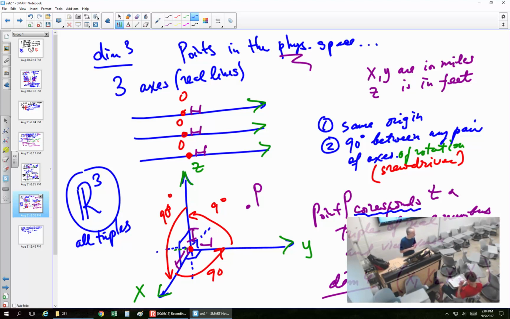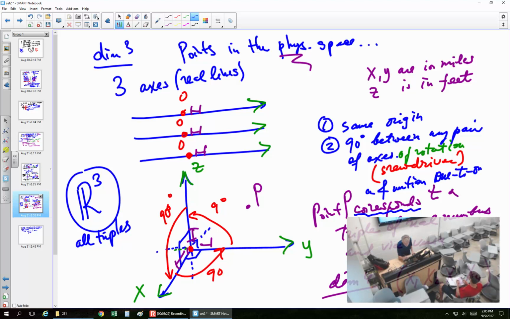One-to-one and onto? One-to-one onto function. Correspondence is just a fancy word for functions, whenever it is a nice function, one-to-one onto.